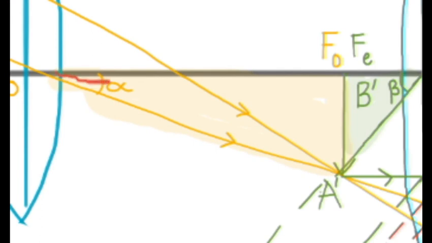Tan alpha is the ratio of the opposite side A'B' upon the adjacent side OB', so A'B' upon OB'.